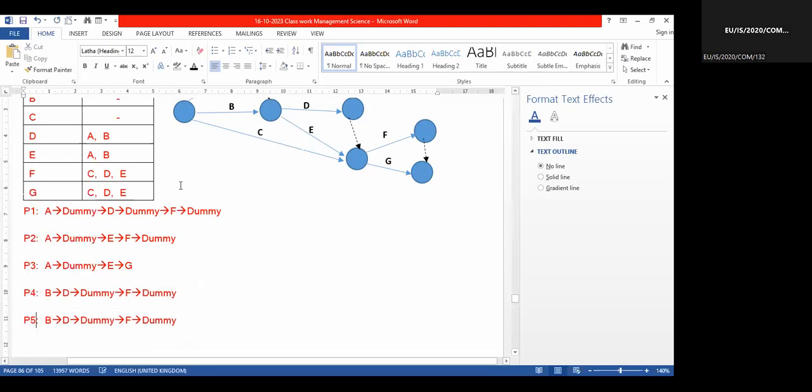Path 5: B, E, G. Path 4 was B, D, dummy, F, G. Then E, D, dummy, G. Okay.